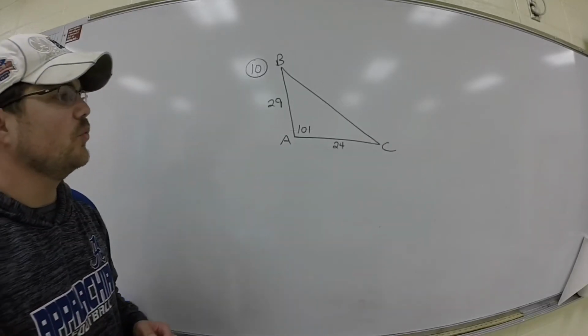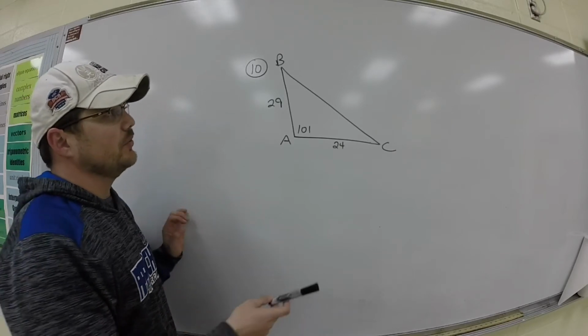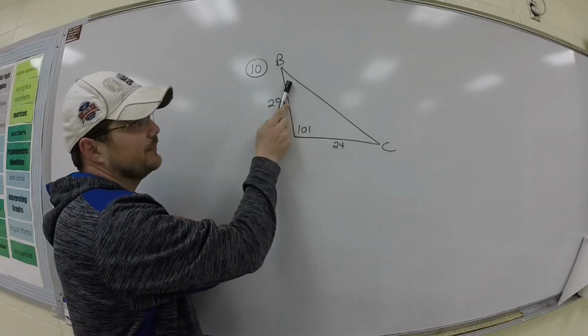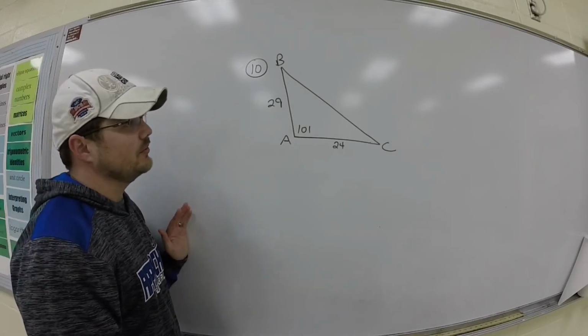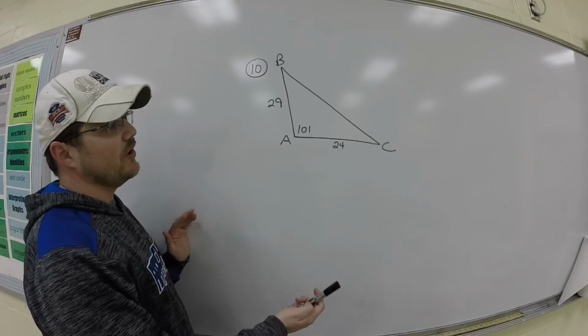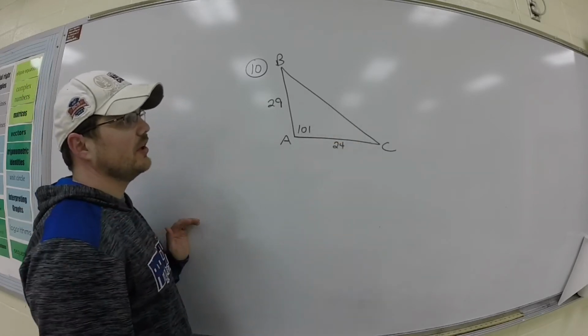Okay, so you have one short answer on your study guide, and this question wants us to find the measure of angle B. So let's figure out which law I'm going to use. We don't have an angle with its opposite side, so we're going to do law of cosine.